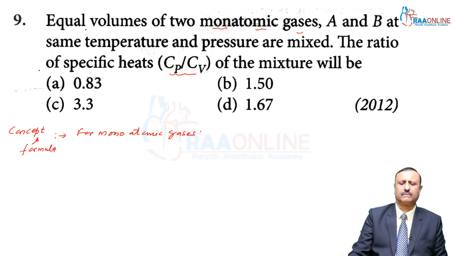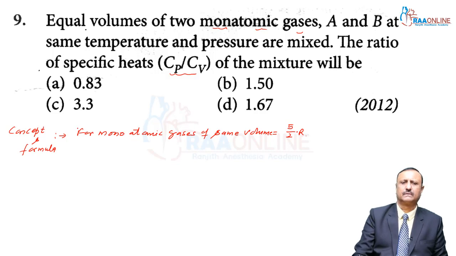My dear students, here is a mixture of monoatomic gases of the same volume. Here the volume is same or equal. It means Cp is 5 upon 2 into R. Monoatomic gases and same volume, that is equal to 5 upon 2 into R. This is our one point.